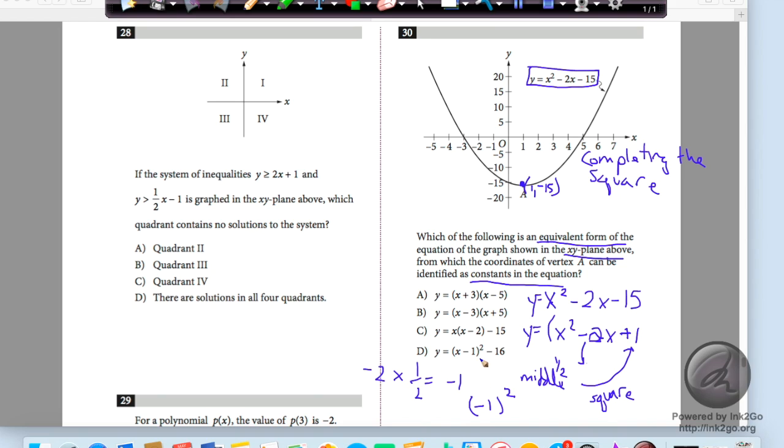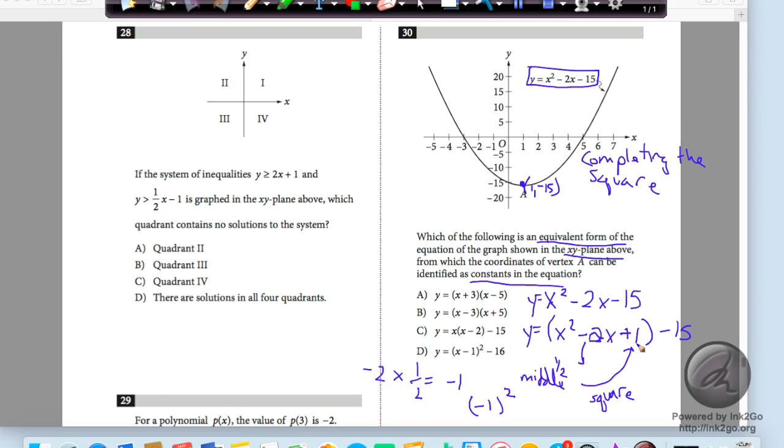So I have a negative 2 here in the middle. I'm going to take half of that for step 1 of completing the square. Then I'm going to square that number, negative 1 squared, which will give me positive 1. Now, I'm still going to have my negative 15 here on the outside. That's still going to stay.